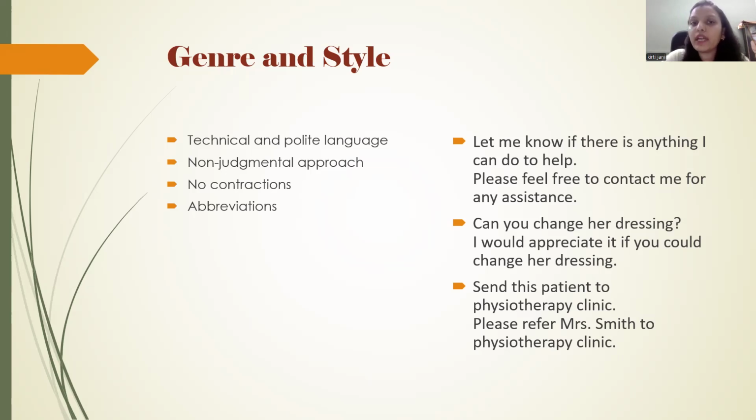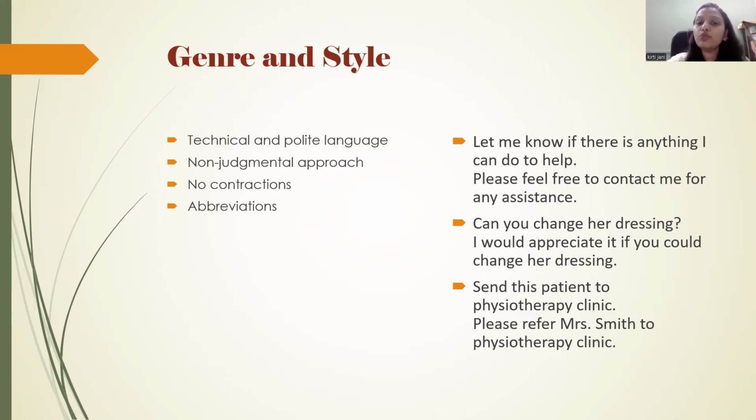So I will suggest you to write the full form as long as you are aware of it. But do not use full forms if it is complicated. Like if you're writing CT scan or MRI in full form, it is very time consuming and sometimes complicated for the reader to interpret when we are in a hurry.